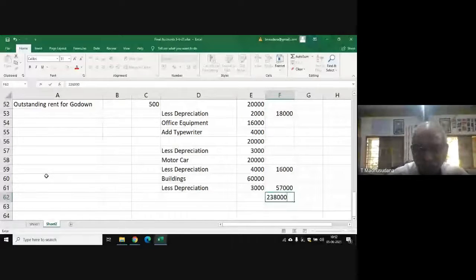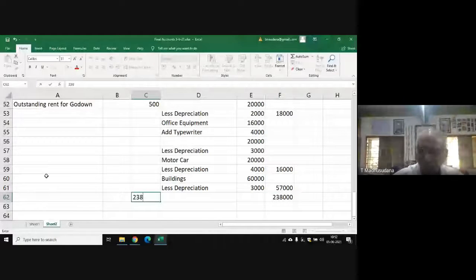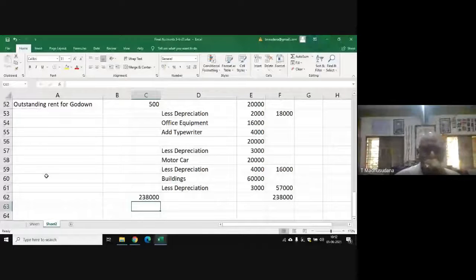The total on both the asset side and the liability side is 2,38,000. So like this, we prepare the balance sheet by considering various adjustments in a proper way.